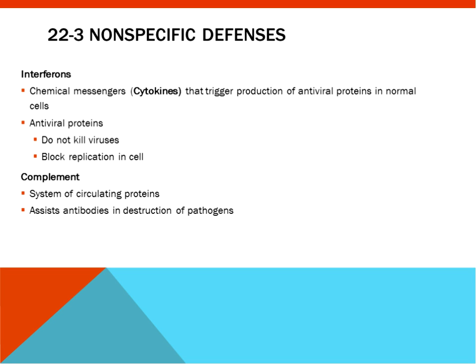And then we also have complement. Complement is a cascade of circulating proteins, and there are 3 outcomes that we have for complement. We can make the bacteria or virus sticky, so it's easier to phagocytize, and that process is called opsonization. Complement can also trigger inflammation.